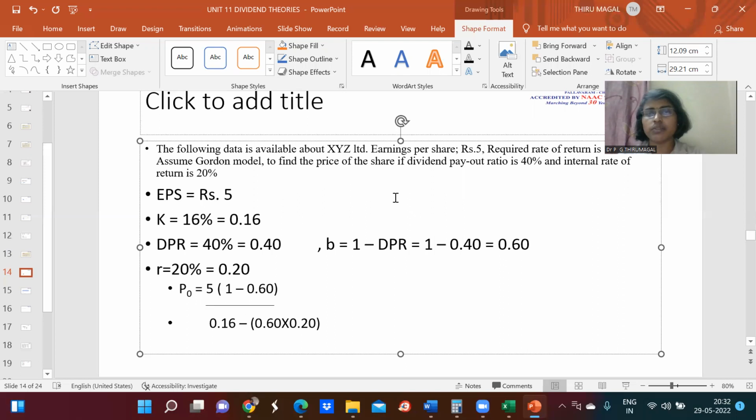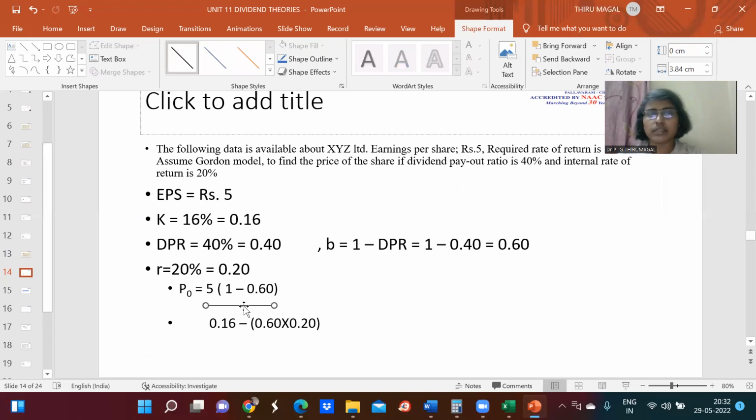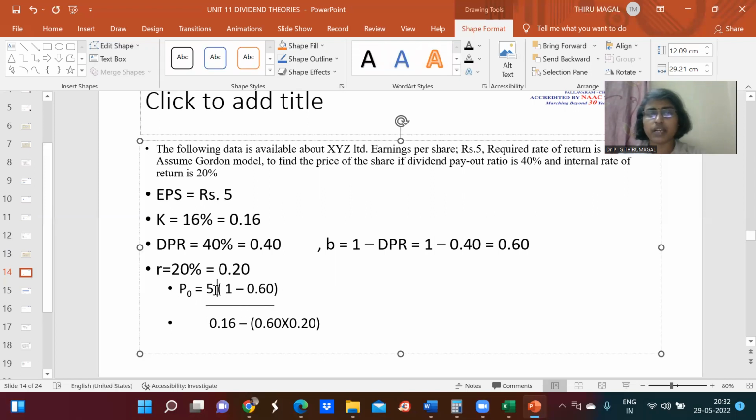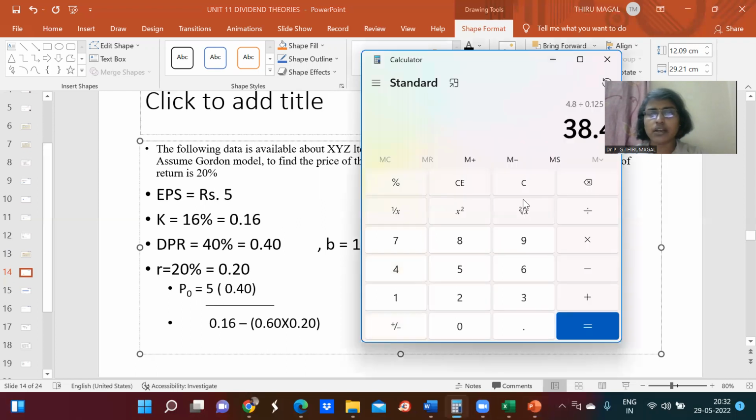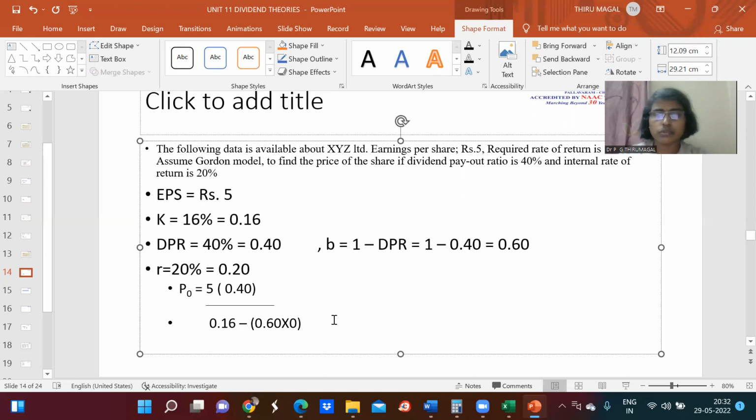Now we need to simplify this. How we can simplify is, 5 we can keep as it is. 1 minus 0.60 is 0.40. Then divided by 0.16, we can keep as it is, minus 0.60 multiplied with 0.20. The value is 0.12. So now we have received the values.